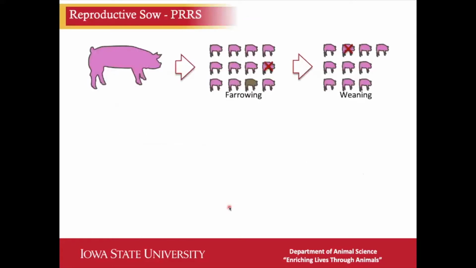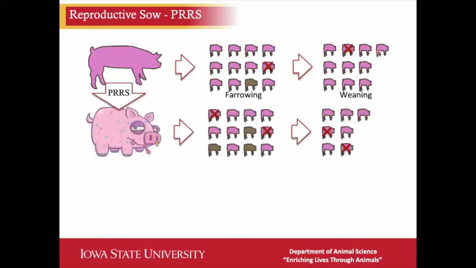So talking about PRRS, if we have a healthy animal, we expect that animal to have, let's say, a total born alive of 12, one was born mummified, another one was stillborn, and out of these 10, this sow is able to wean 9.